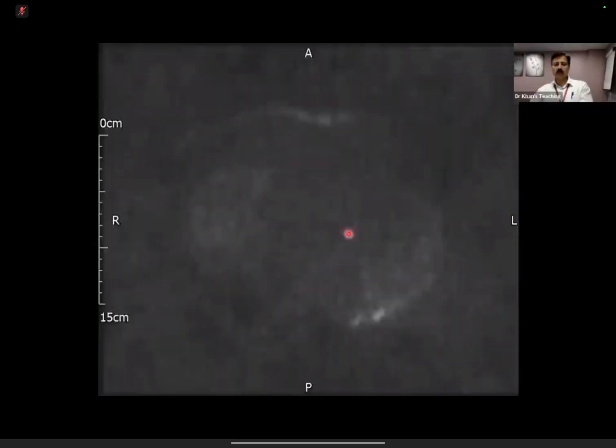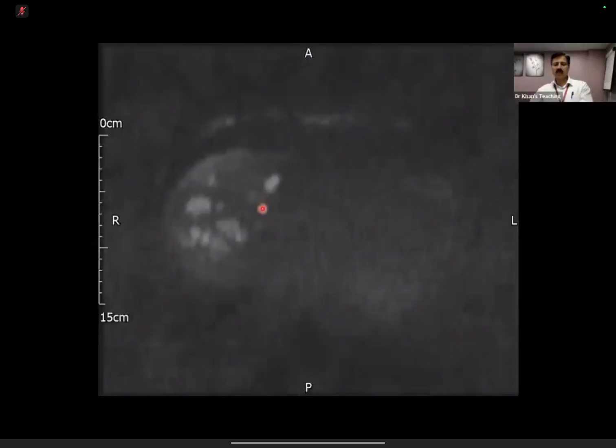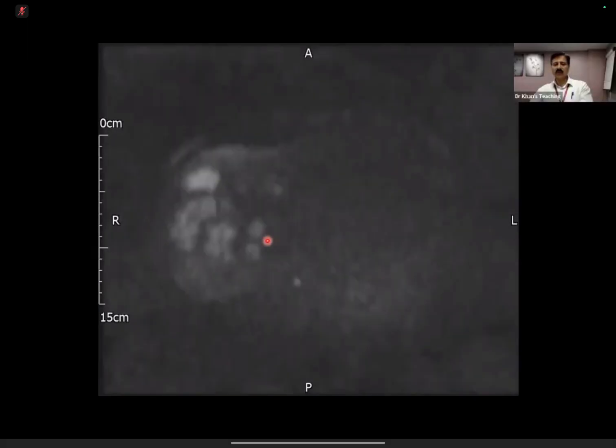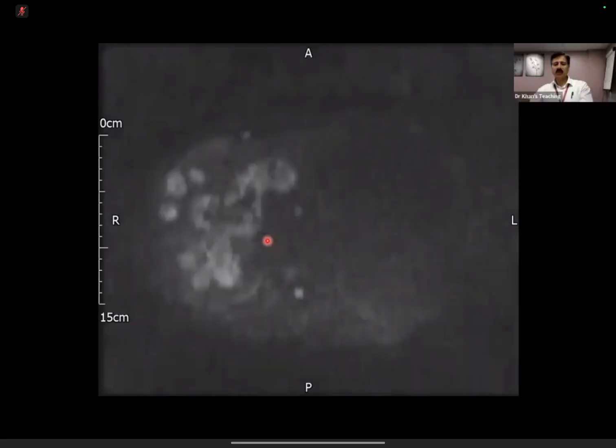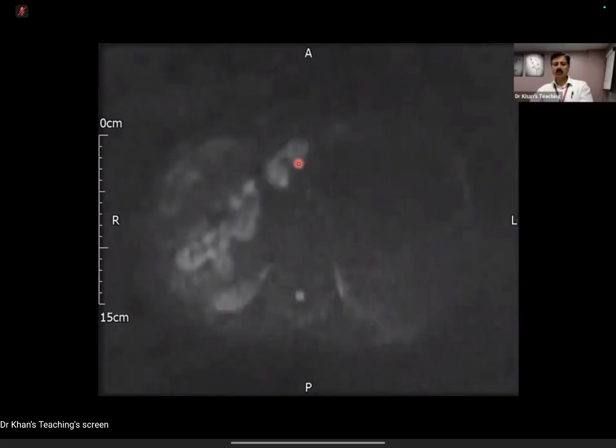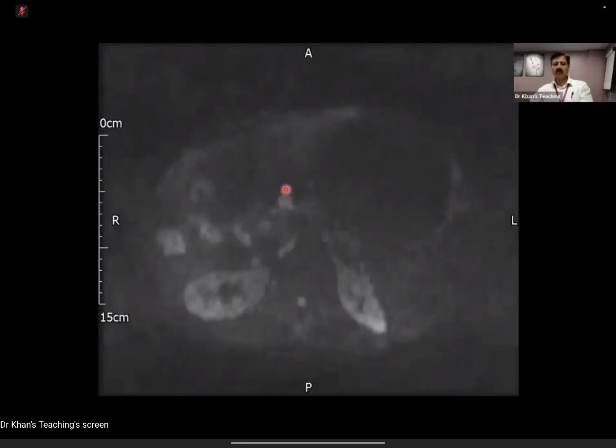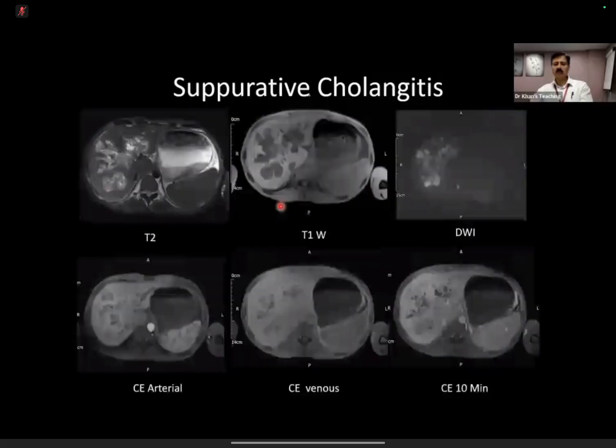So look at this diffusion, and you can see that within the intrahepatic ducts, because the ducts are dilated, then with that there are what we call micro abscesses. So everything is showing restricted diffusion. So another use of diffusion: suppurative cholangitis, and you can see this on MR much more beautifully than the CT scan.